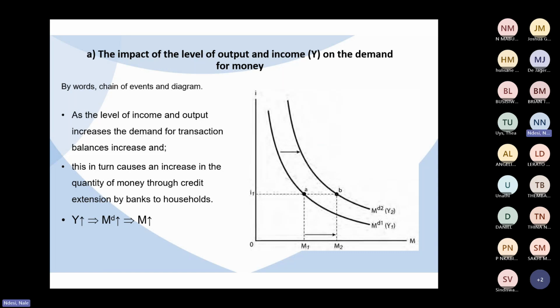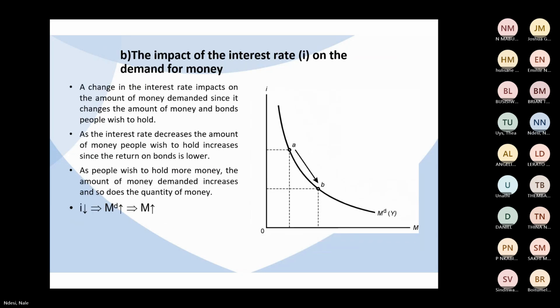So now we also look at the impact of interest rates on the demand for money and the quantity of money. A change in the interest rate impacts the amount of money demanded, since it changes the amount of money and bonds people wish to hold.